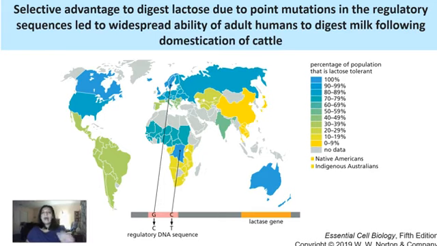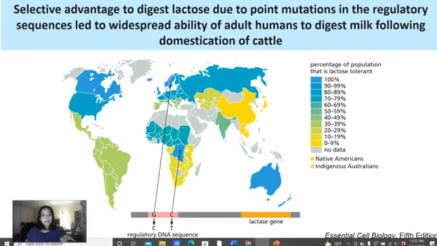The mutation rate also can change based on the use of the gene, how much it is utilized, and how high its expression level is. One of the things that we saw was the percentage of the population that is lactose intolerant globally. We could see that the mutation rate was different in different parts of the world. There was a selective advantage to digest lactose due to point mutations in the sequences that correlated with an environmental change, which was our ability to domesticate cattle.